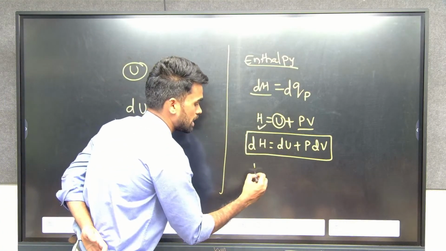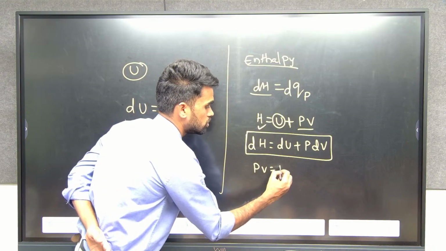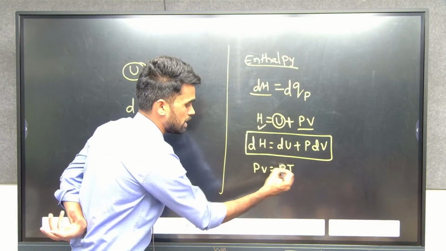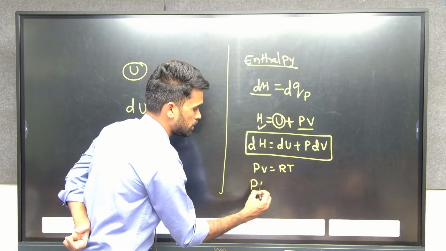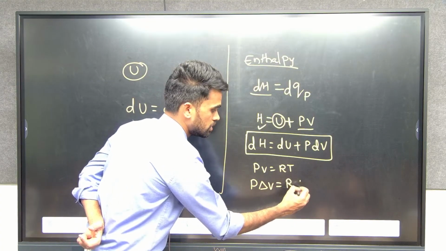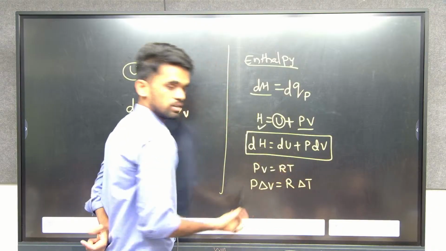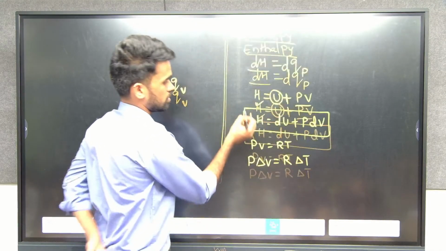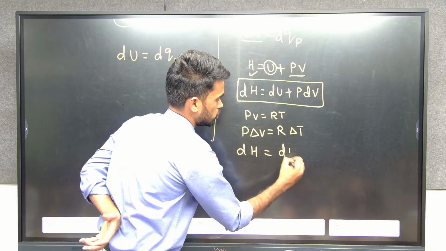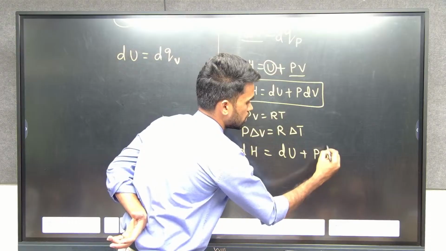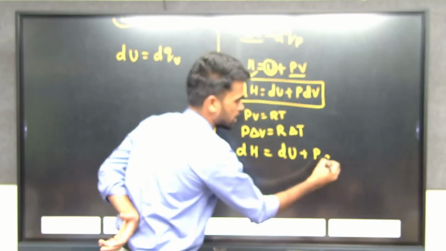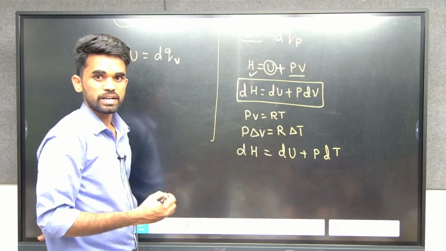See, you know the ideal gas equation, once again tell me, PV equals RT for 1 mole I am saying. Okay, so just apply differentiation on both sides. It becomes PdV equals R, which is a constant, into dT. So dH equals du plus PdV. See, I can use the delta symbol or I can use the d symbol for differentiation.